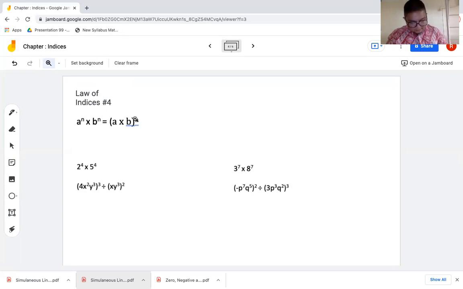So let's say, for example, we have this calculation here of 2 raised to 4 times 5 raised to 4. So this is going to give us a calculation now of 2 times 5 raised to the value of 4, which gives us an answer of 10 raised to 4.